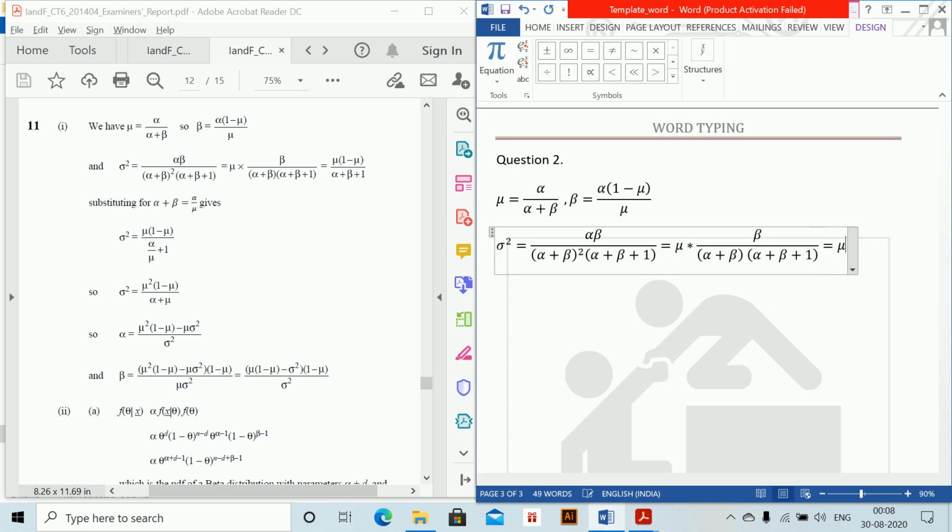μ(1−μ) divided by (α+β+1). So this is there.